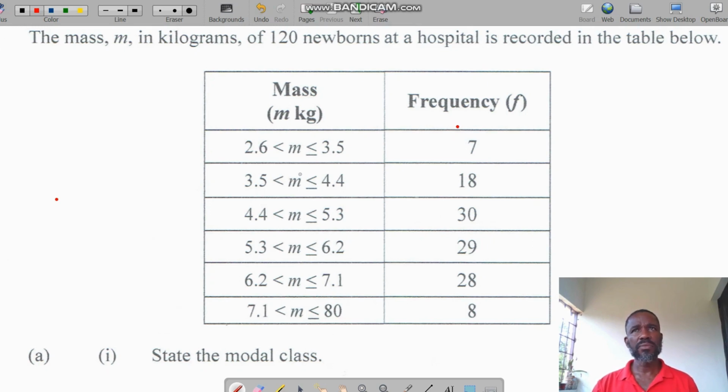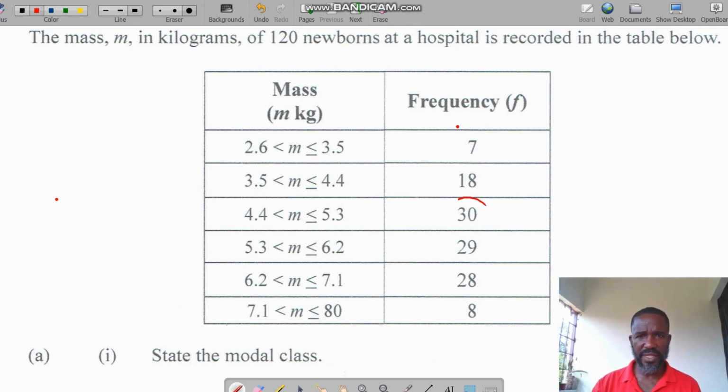So the mode in statistics, there are three central tendencies that we can use to analyze statistical data. We have mode, median, and mean, arithmetic mean. In this case, they're asking for the modal class. So in order for us to determine which one occurs the most, we have to look at the frequency.